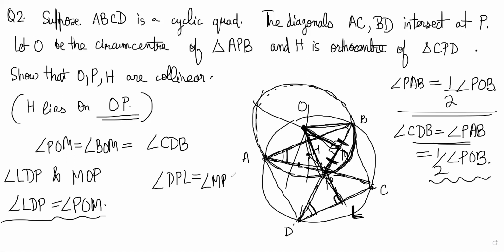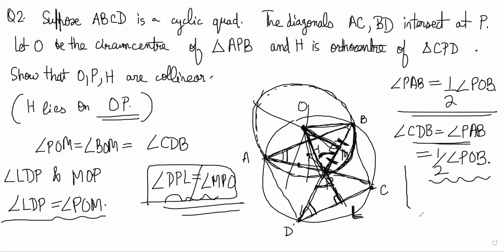If DPL is equal to MPO, then this must be a straight line, no? Because you're getting vertically opposite angles equal. Basically, if this was not equal to MPO, then you would not have a straight line. Then this line and this line would be twisted, right?